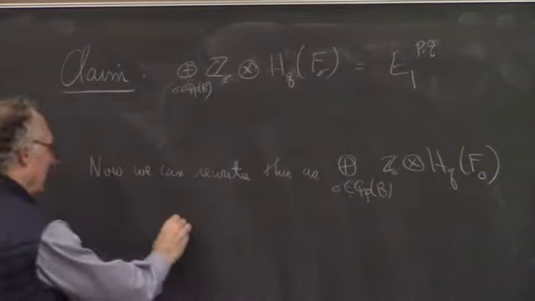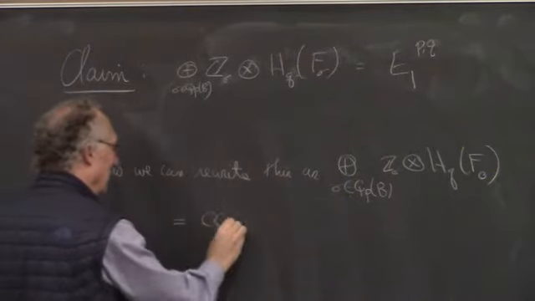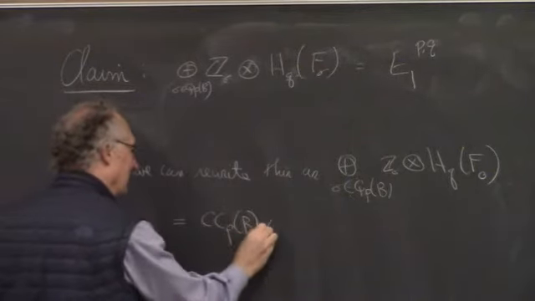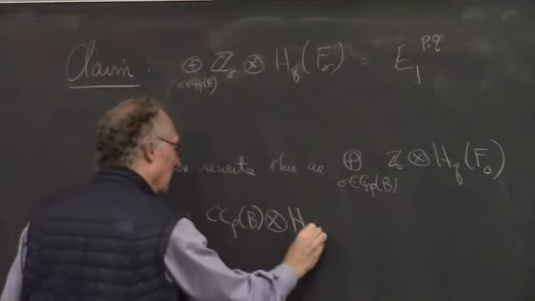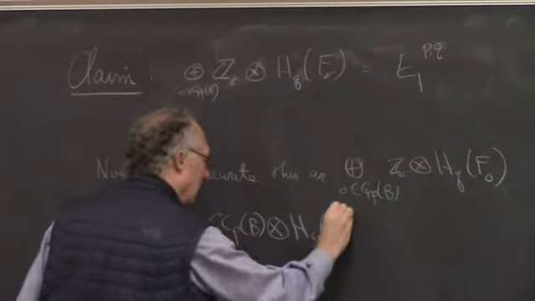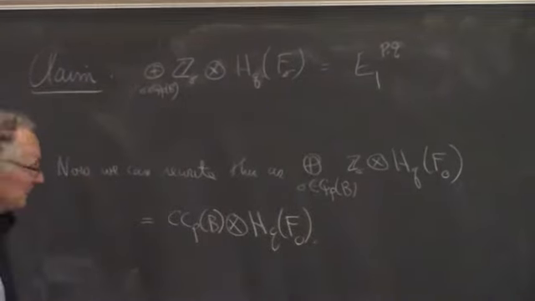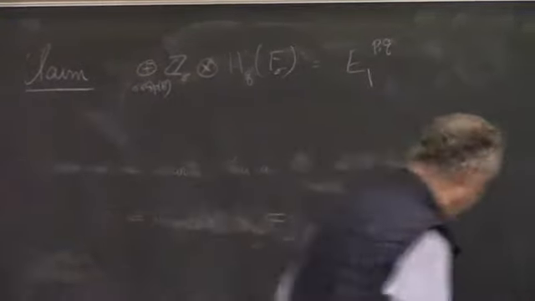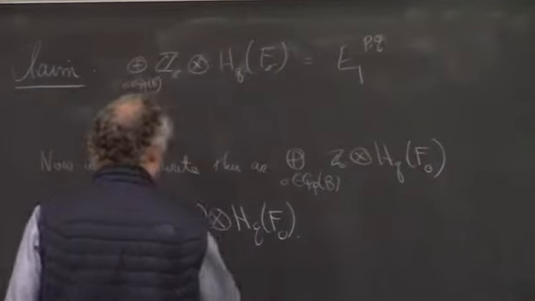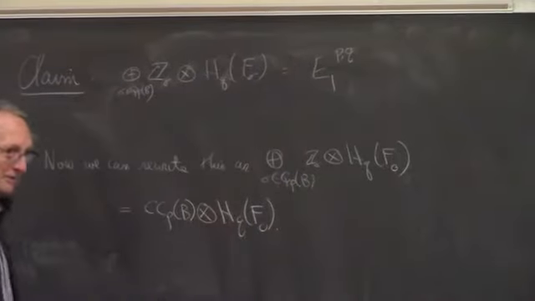And that's nothing but C_P of the base tensor H_Q of the fiber. So you get to identify the E1 term in the spectral sequence, not the E naught term. And it is the chains on the base tensor the homology of the fiber.